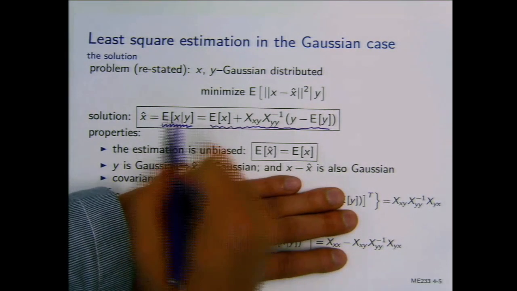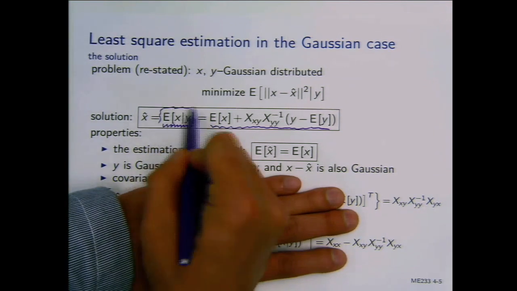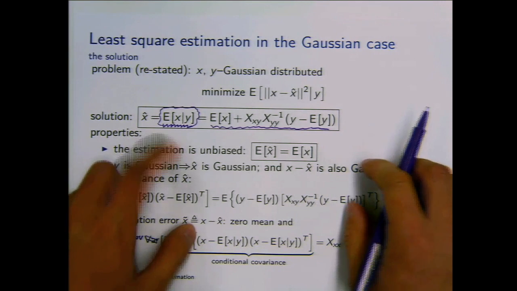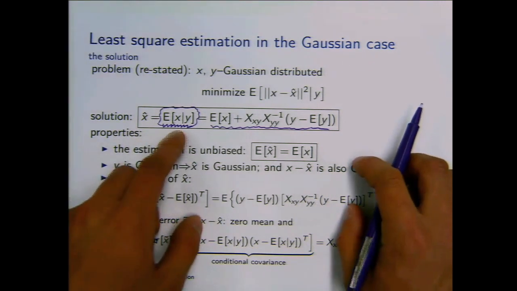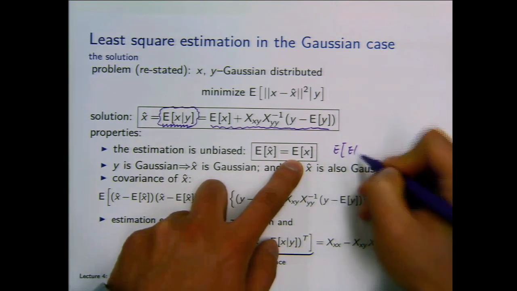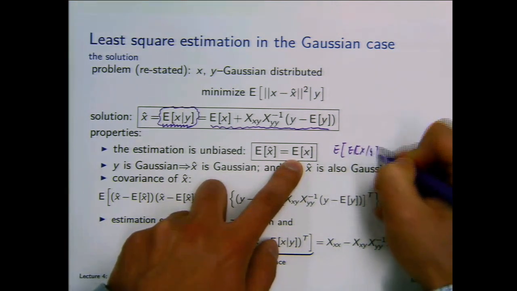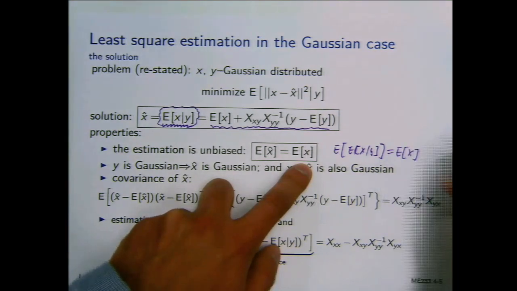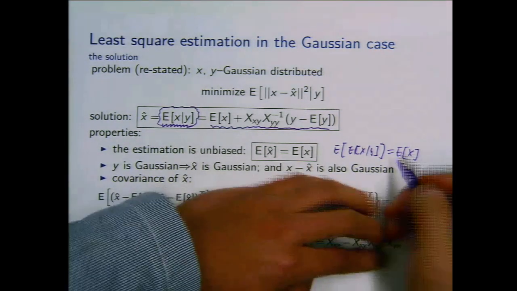First of all, this estimation, the conditional expectation, is unbiased. If you take the expectation, it is going to be equal to the expectation of x. There are two things I want you to be careful about.